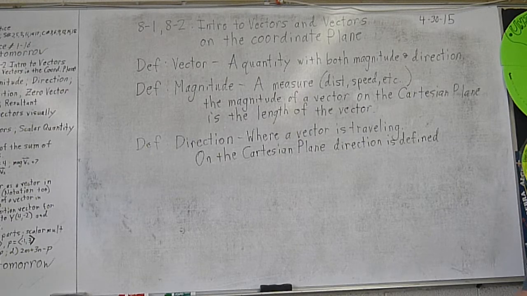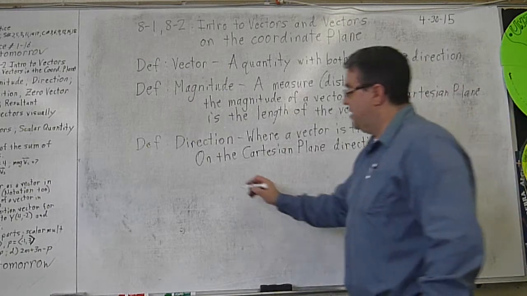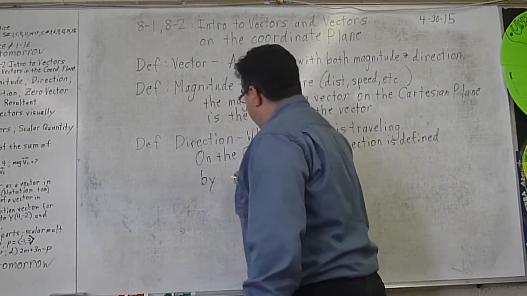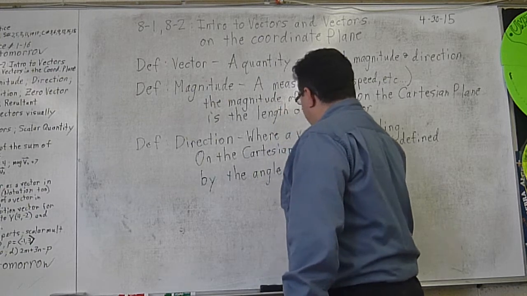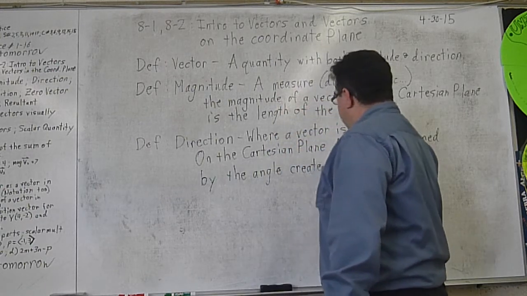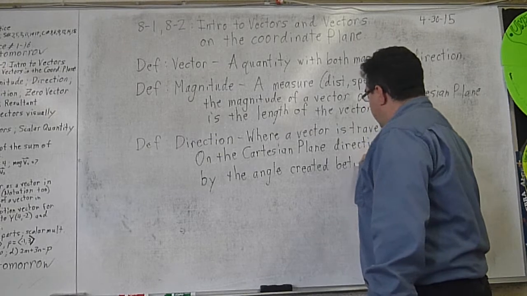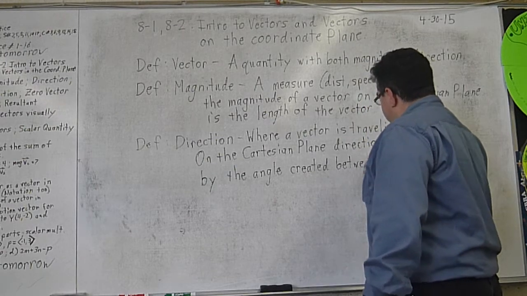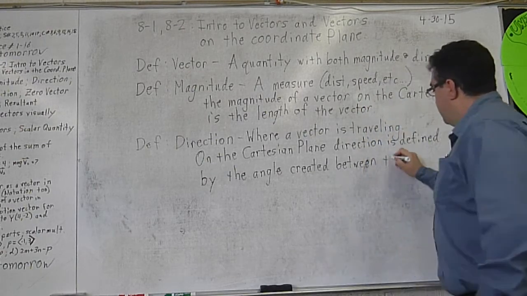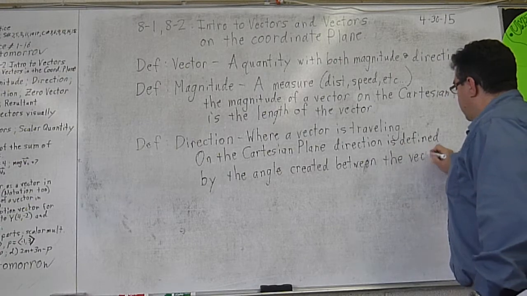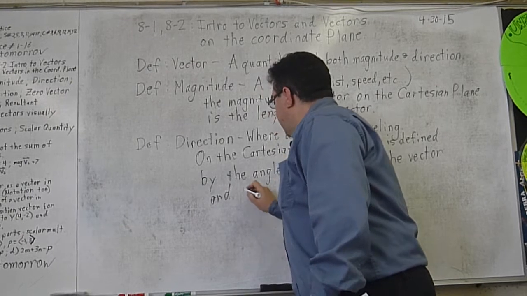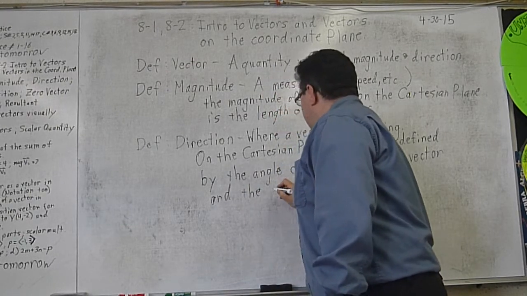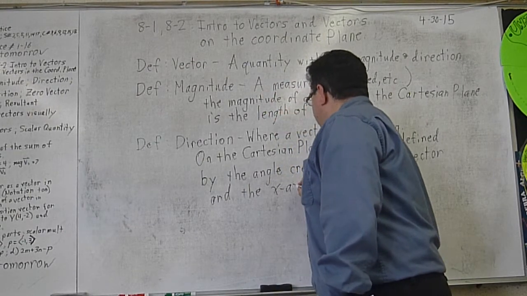The direction of a vector on the Cartesian plane is defined by the angle created between the vector and the x-axis.